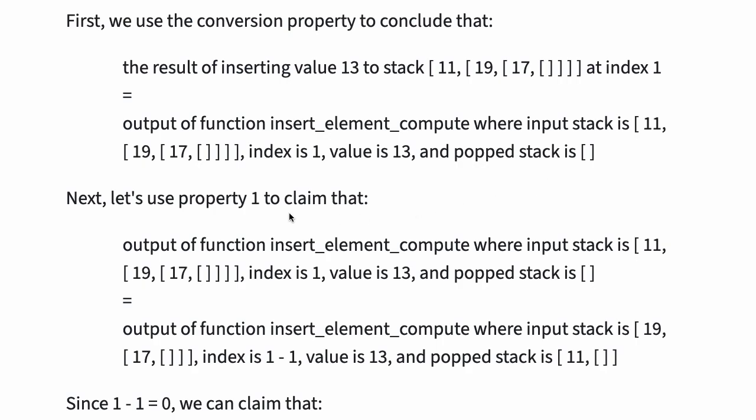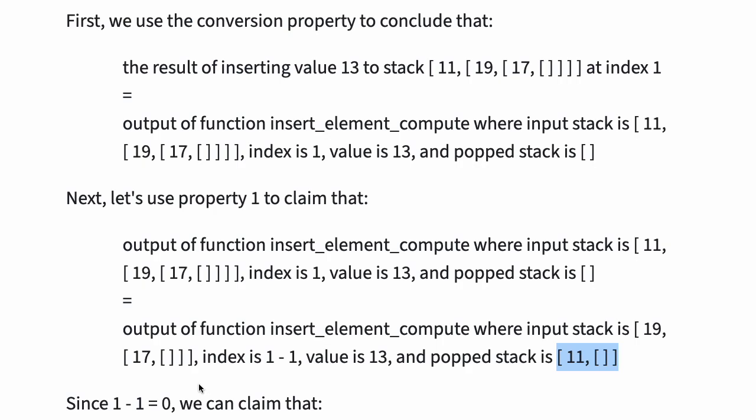Next, we use property 1 to claim that the output of this function is equal to the output of the same function, where the input stack is 19, 17, index is 1 minus 1, value is still 13, and the pop stack is stack 11.